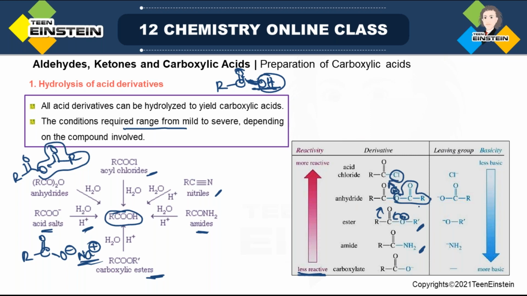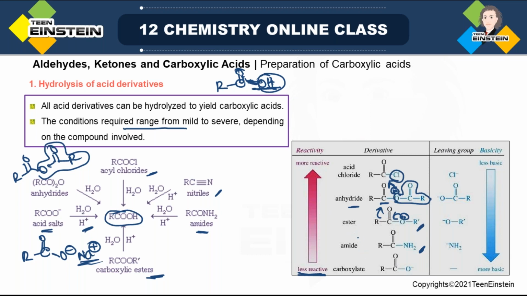So as it is shared on both sides, if you consider any particular C double bond, the resonance is less because it is happening on both sides equally. Chances are it will happen on both sides equally. So that is why anhydride is comparatively more reactive compared to ester and amide.